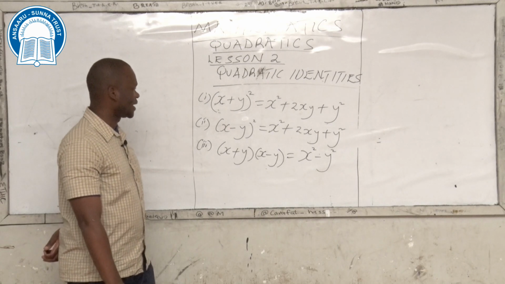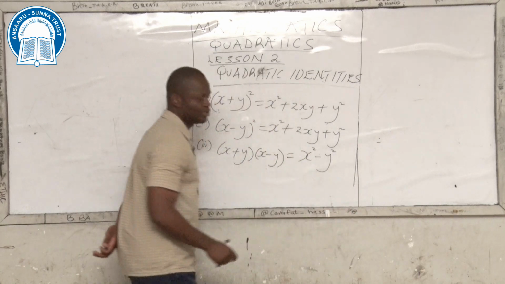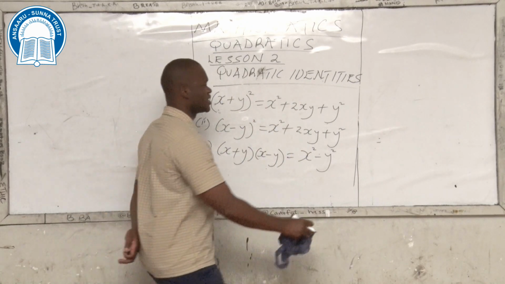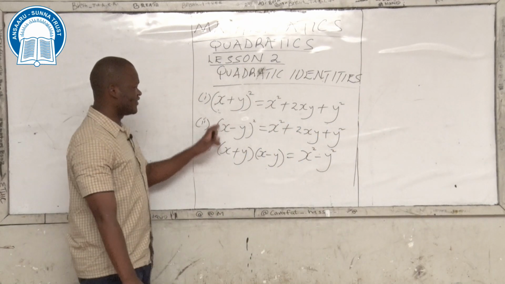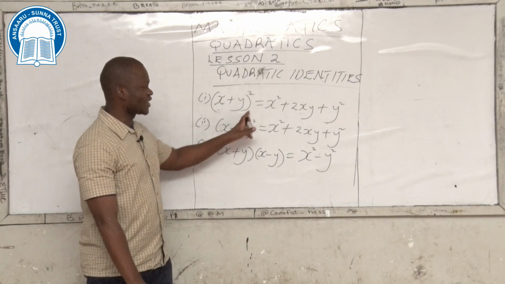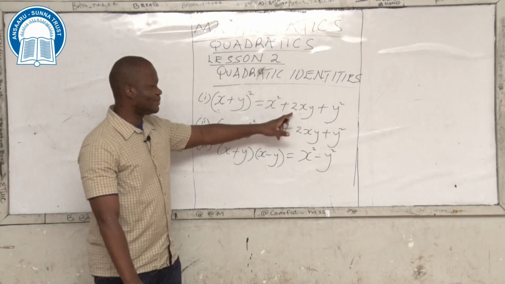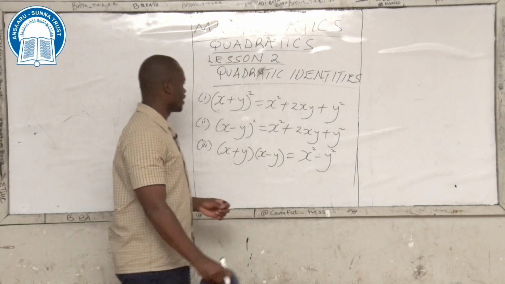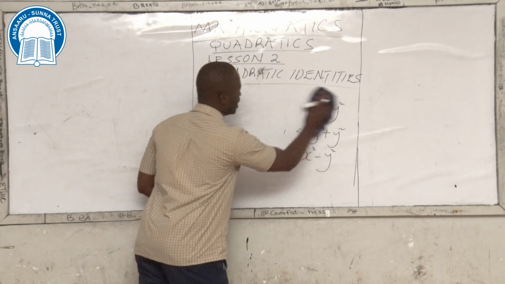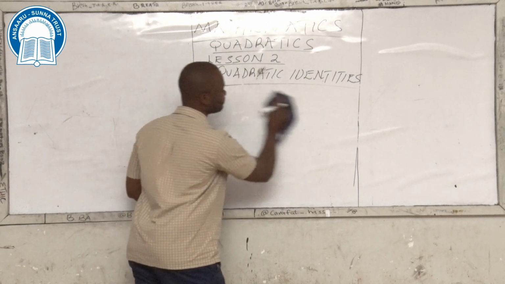But let me just quickly explain how you can be able to remember them. We begin with the first identity given by x plus y squared is equal to x squared plus 2xy plus y squared. Now, how can we remember that? Very, very simple.